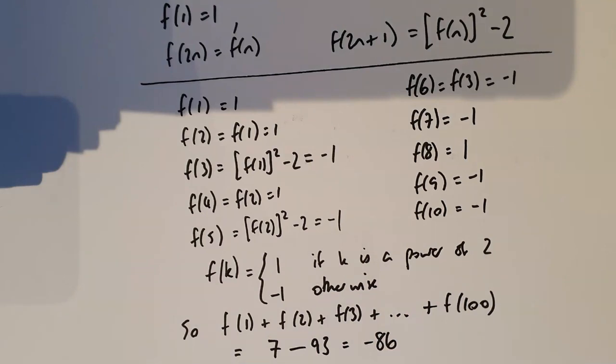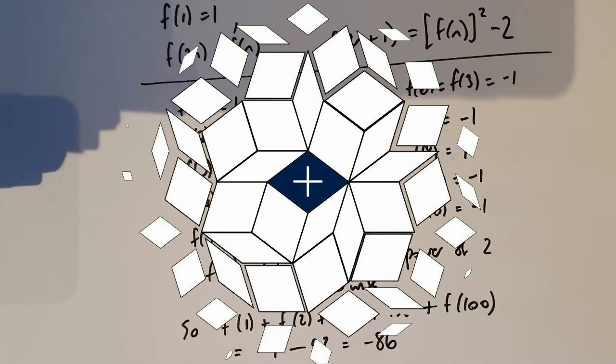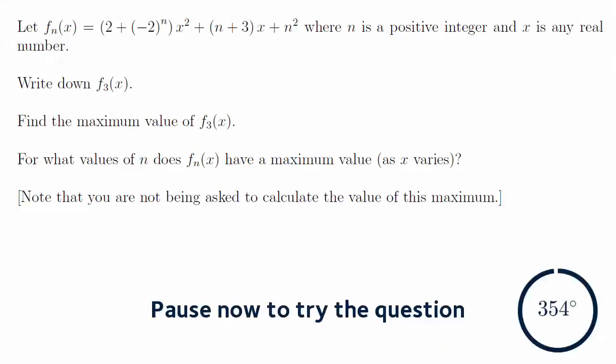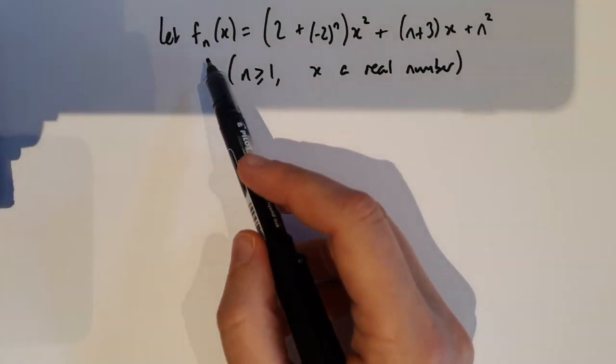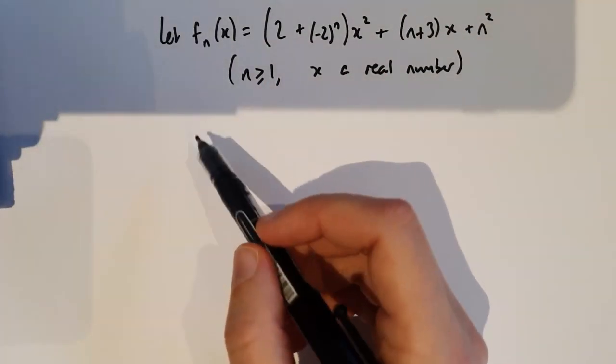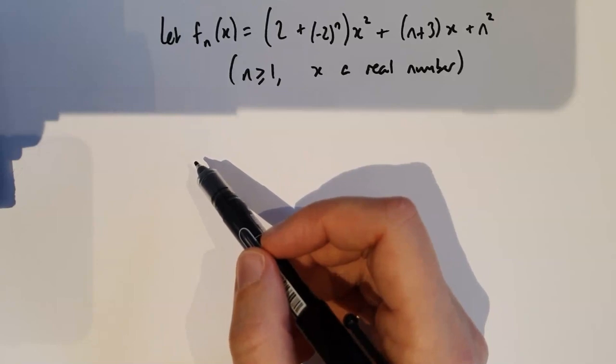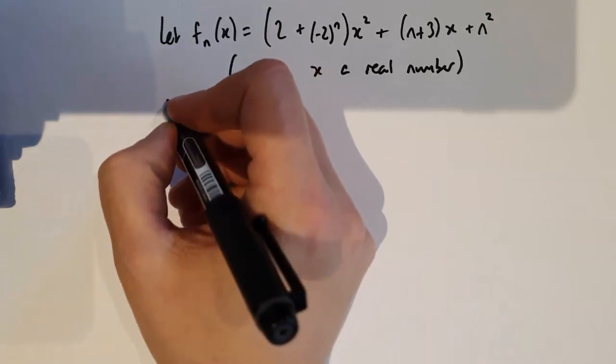But actually we can say quite a lot more about the function that we've learnt along the way. The question defines this function, fn of x, and the first thing we're asked to do is to write down f3 of x.